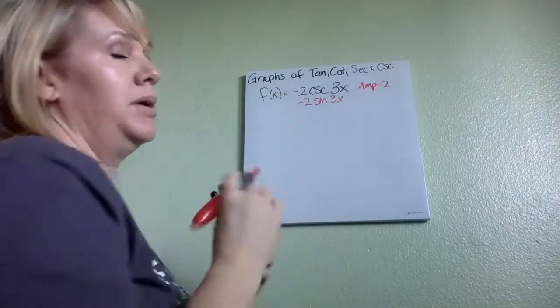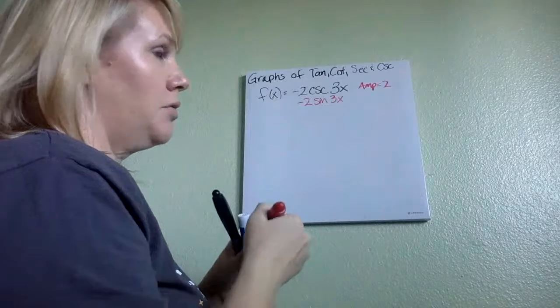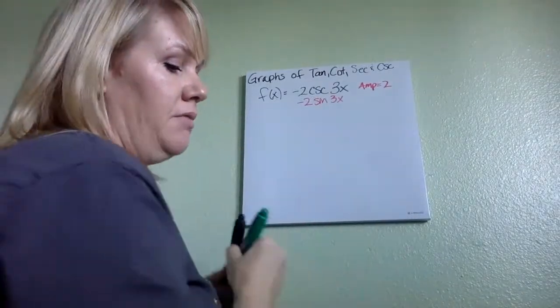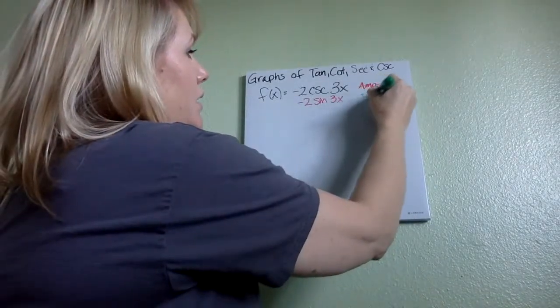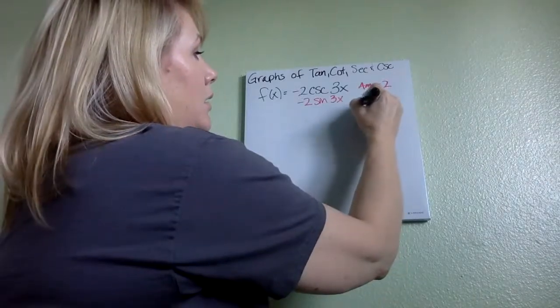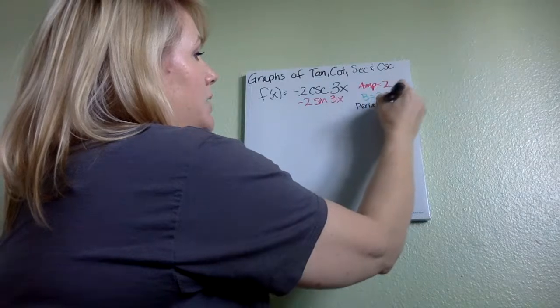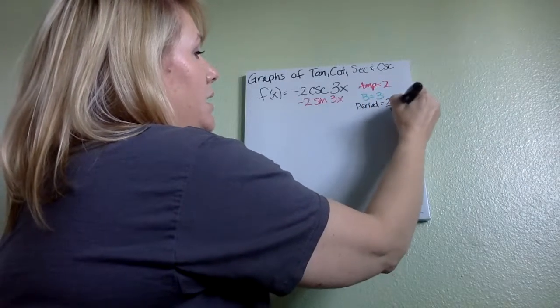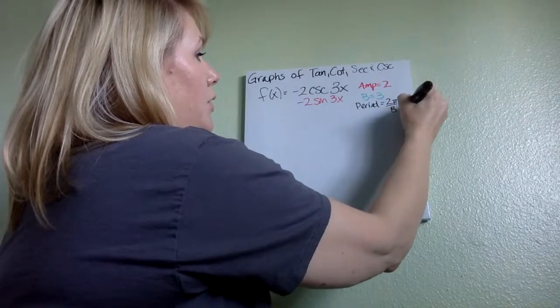The negative means it's going to reflect over the x-axis, so we don't want to forget about that part. And then the b value, which is 3, we calculate the period by taking 2 pi over b. So in this case, that's 2 pi over 3.